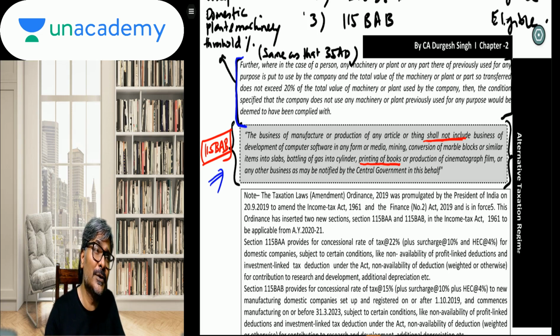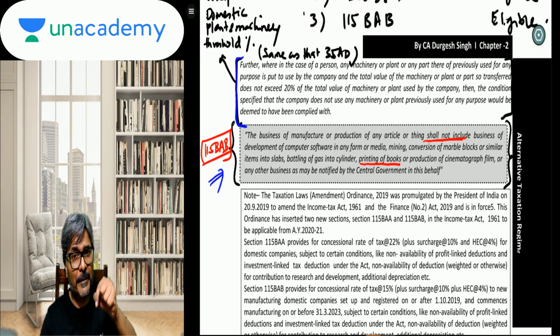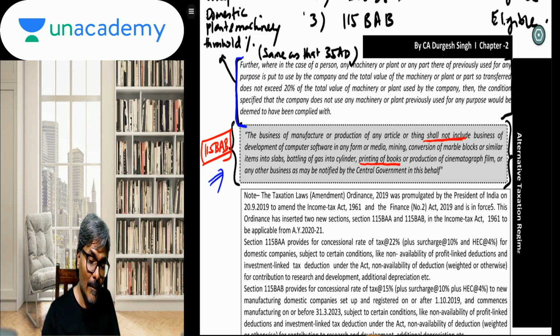They may get an additional depreciation under the normal provision, but if they have to opt for 115BAB, for that the manufacturing activity under 115BAB will exclude the following manufacturing activity.